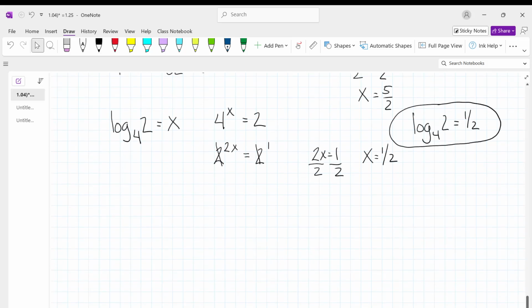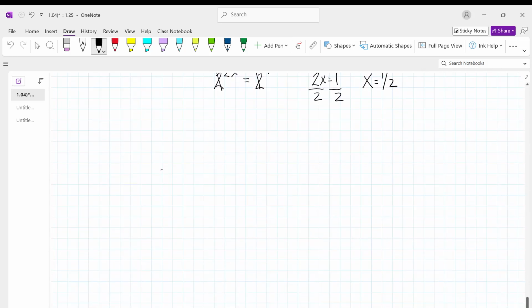Let's look at log 49 of 7. All right, log 49 of 7 equals x. So 49 to the x power equals 7 to the first power. We can rewrite the 49 as 7 squared.